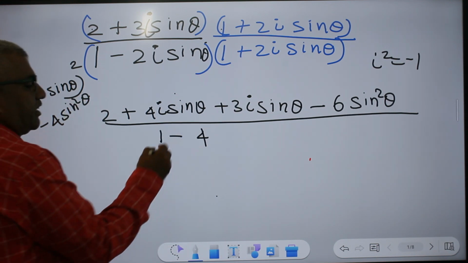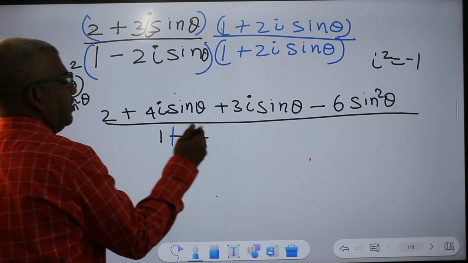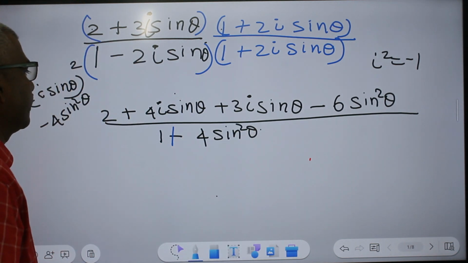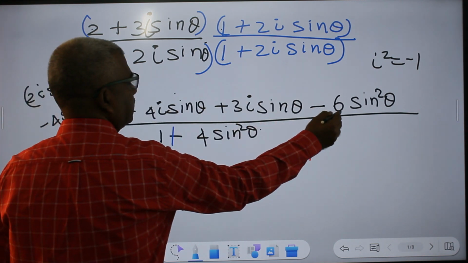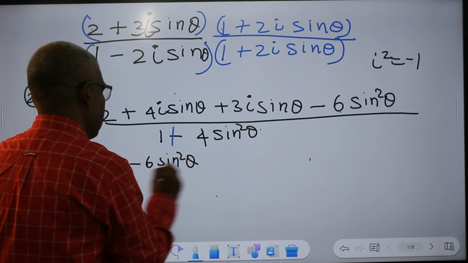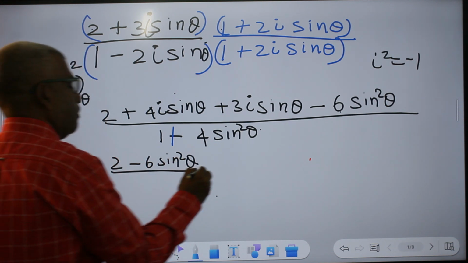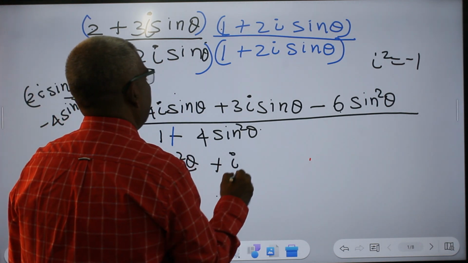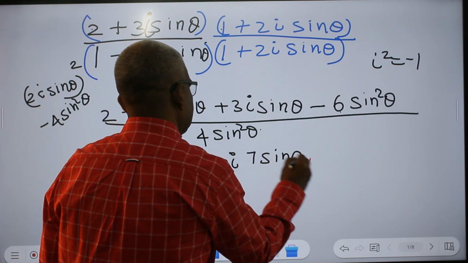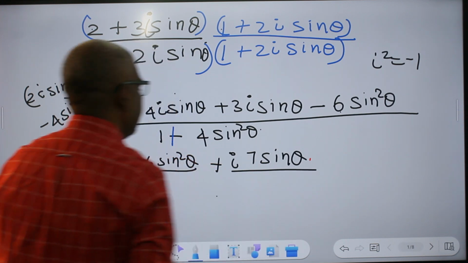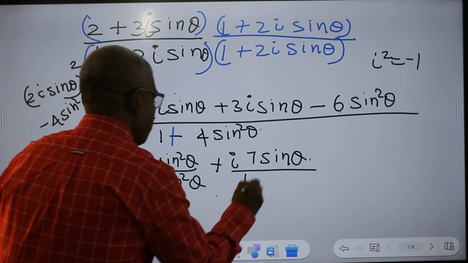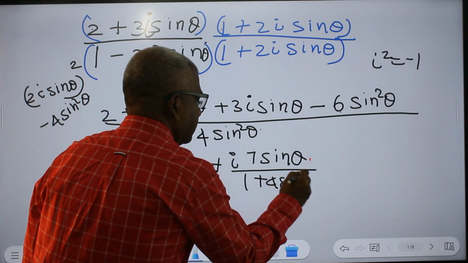Already minus is there, so we make it plus 4 sin square theta. Then rearrange: 2 minus 6 sin square theta plus i times 7 sin theta, divided by 1 plus 4 sin square theta.